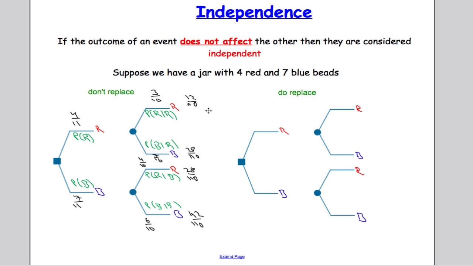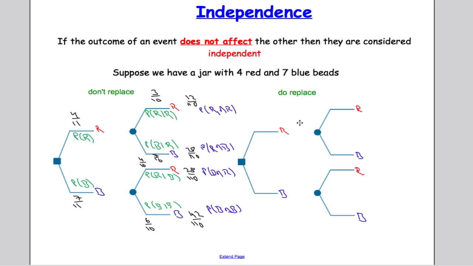And at the end of these branches, that actually represents the probability of red intersection red, sorry, red intersection red, should I say. Probability of red intersection blue. Probability of blue intersection red, and the probability of blue intersection blue.